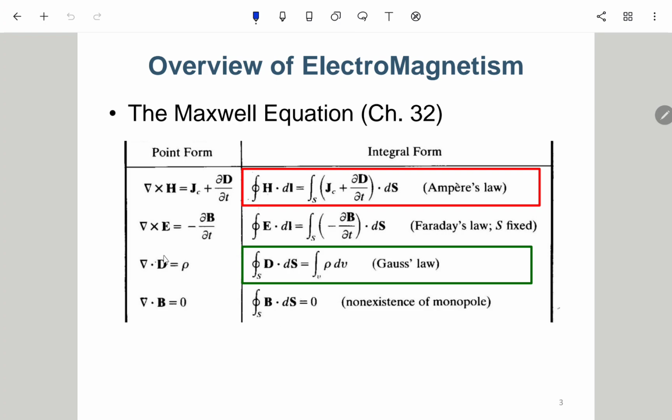Just as I mentioned in the last chapter, there is no monopole. Magnetic monopoles do not exist. So on the right side, we only have a zero, which makes this one much easier than the other. On that one, we still have some enclosed charge, but we can't have any enclosed magnetic monopole.